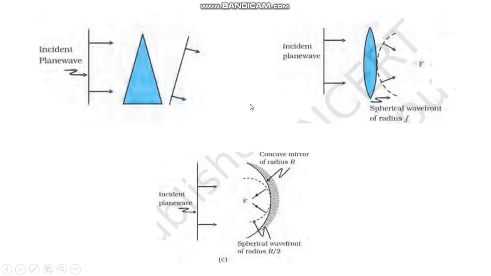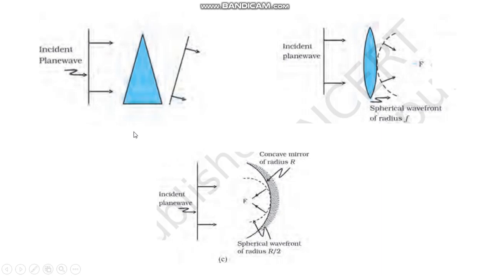Reflection and refraction through a plane surface and a spherical surface using wave concept. These phenomena can be explained in a prism and convex or concave mirrors and lenses also. In this figure you can see there is an incident wave which is entering through a prism. Now after refraction, the emergent wavefront will be like this.